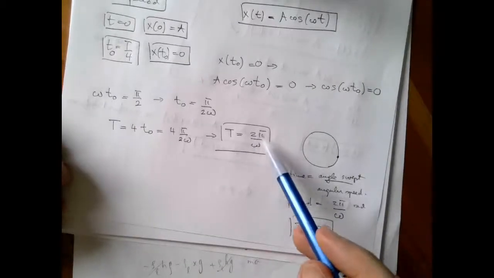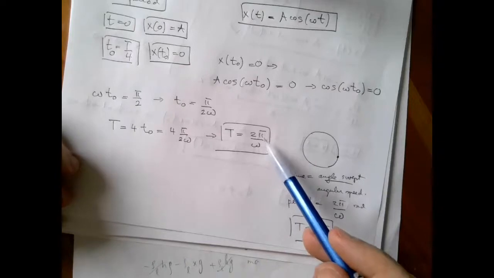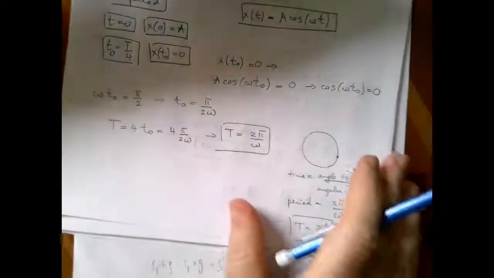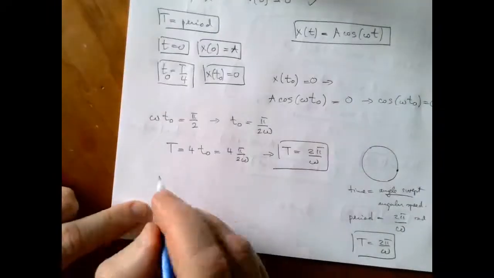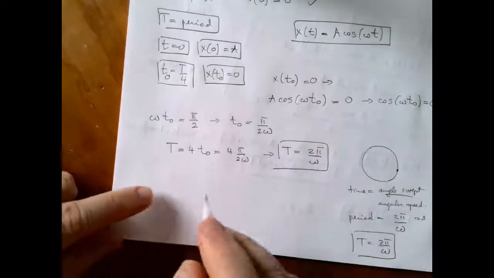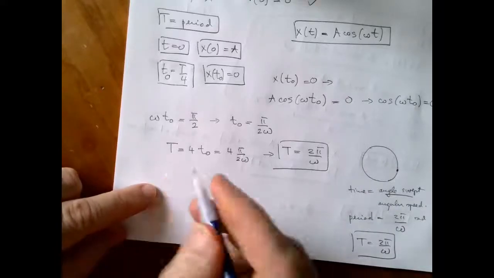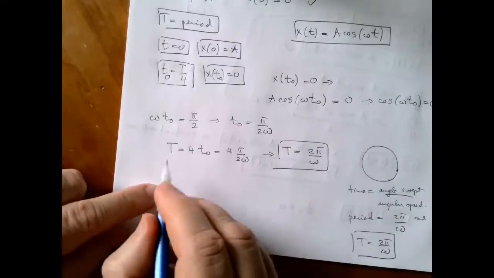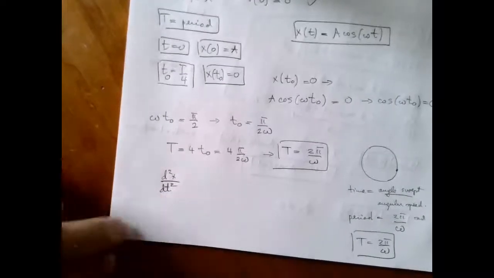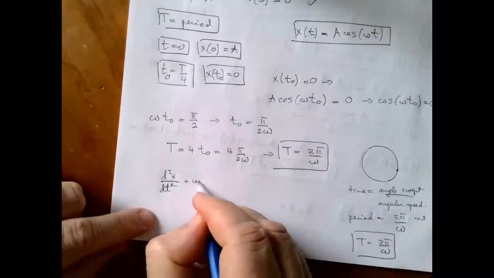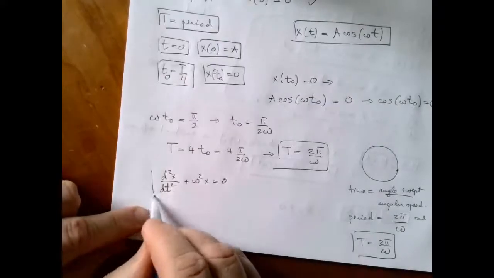The fact that we have the same relationship for simple harmonic motion and for circular motion is not a coincidence. So what is a simple harmonic motion? A simple harmonic motion is a motion for which we have a relationship like the one we saw here, a relationship that looks like d2x dt2 plus omega squared x is equal to 0.